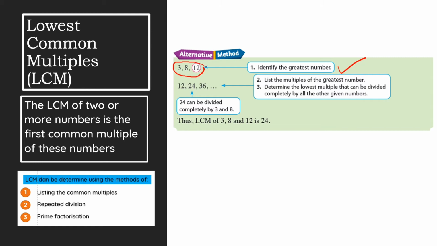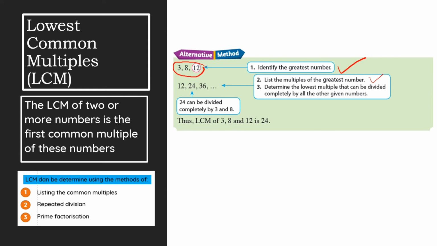Next, list the multiples of the greatest number. So you need to list the multiples of 12, which are 12, 24, 36. The third step is to determine the lowest multiple that can be divided completely by all of the other given numbers.